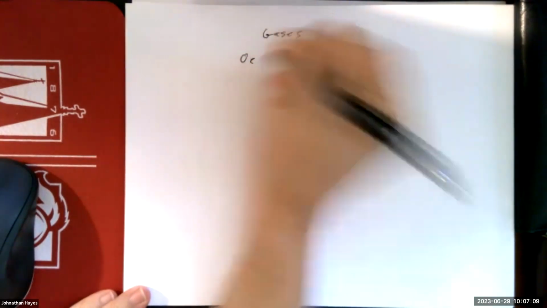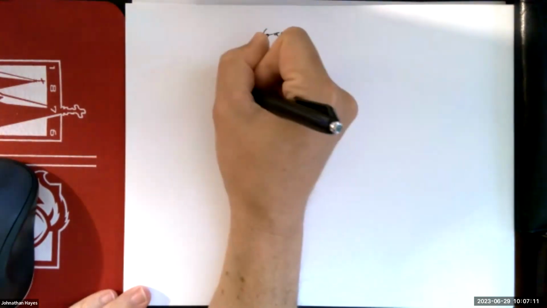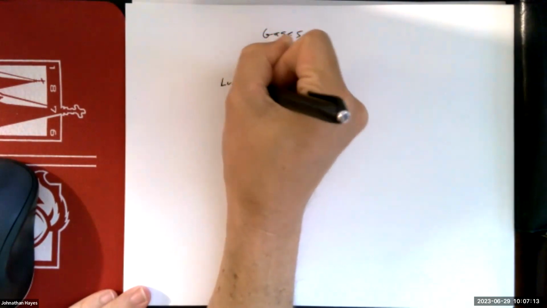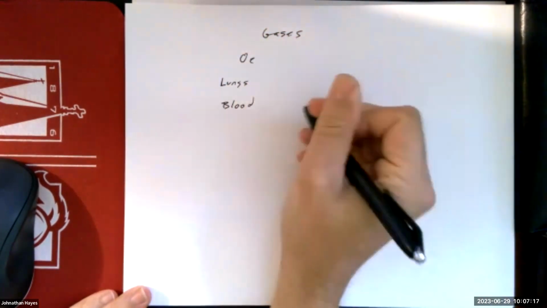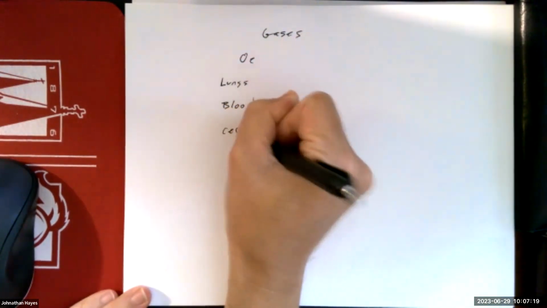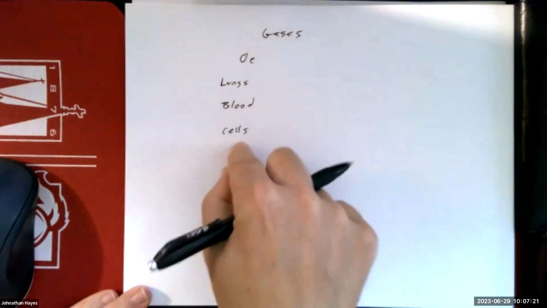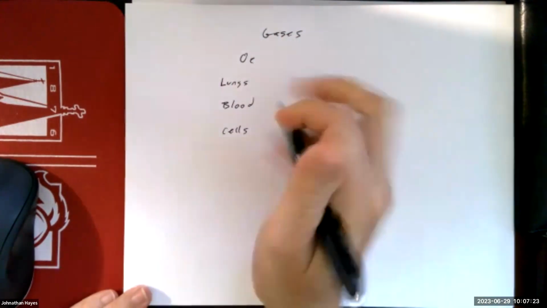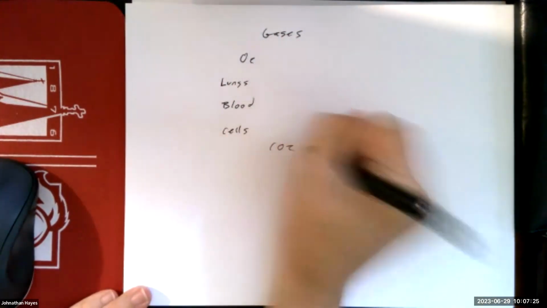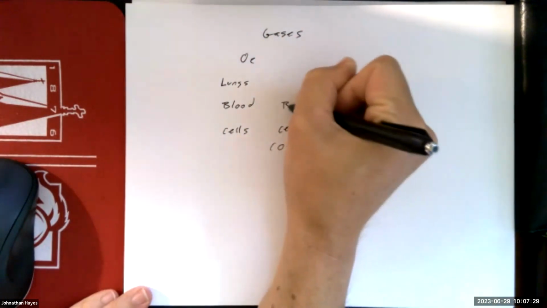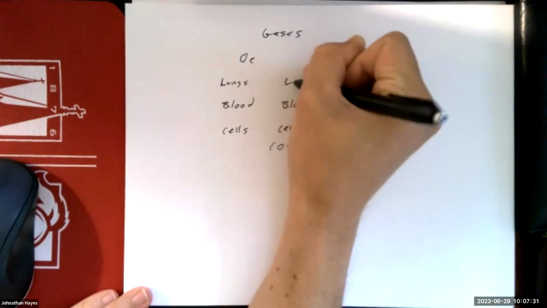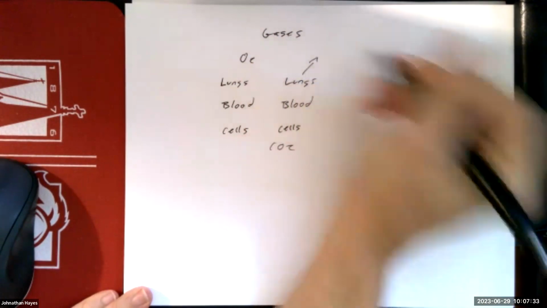In our case, it's O2, right? And that needs to enter into the lungs. From the lungs, it's going to go to the blood. From the blood, it's going to go to the cells. And while we're in the cells, that O2 is going to get converted into CO2, right? And the CO2 will then leave the cells, go into the blood. From the blood, it's going to go into the lungs and then back out to the atmosphere again.